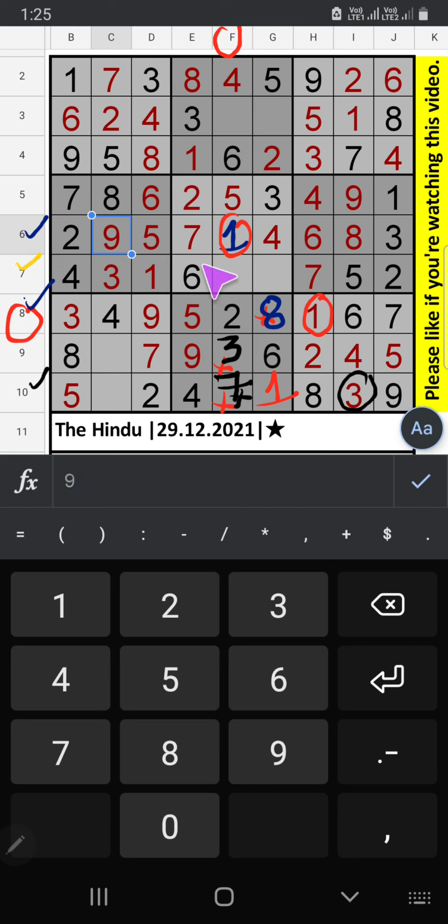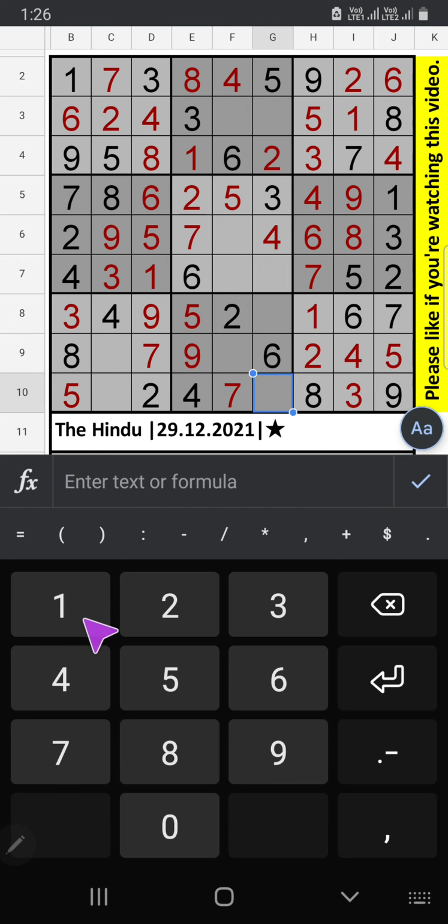7th row, 2 numbers are remaining, 8 and 9. We have 8, so it can't come in this cell. 8 will be here, then 9 will be here. Ninth row and 10th row, 2 numbers are remaining, 1 and 9.